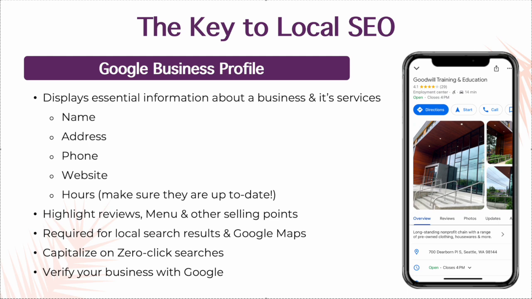If you have a website, make sure it's displayed. Hours are really important too, especially for the World Cup. If you're going to have special hours for the games or special events, making sure those are updated is going to be really important. Reviews, making sure that they're highlighted, and really important things on your menu.